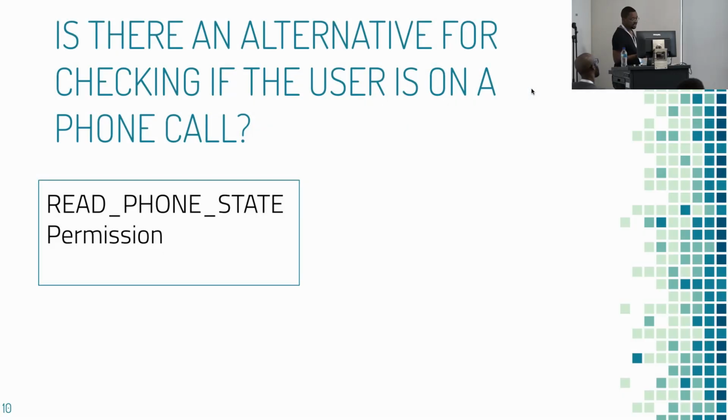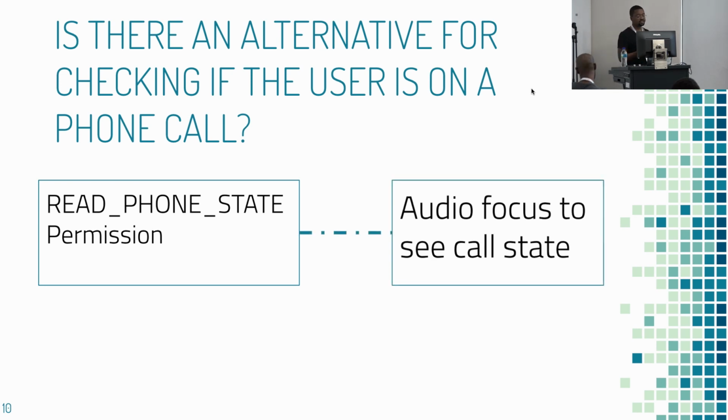The second one. Is there an alternative for checking if the user is on a phone call? Instead of calling the READ_PHONE_STATE permission, you can use the audio focus to see the call state. The reason is that while someone is on a call, you cannot, as an app, get access to the audio focus.